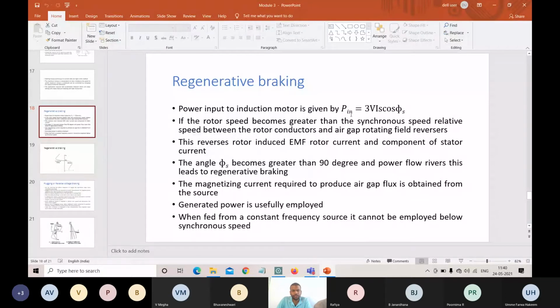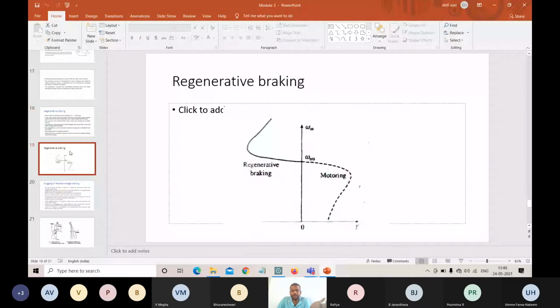So here we can go for the characteristics, the speed torque characteristics. The x-axis gives the torque, and the y-axis gives the speed, the motor speed. During the positive cycle, or first quadrant action, normally motoring action takes place.